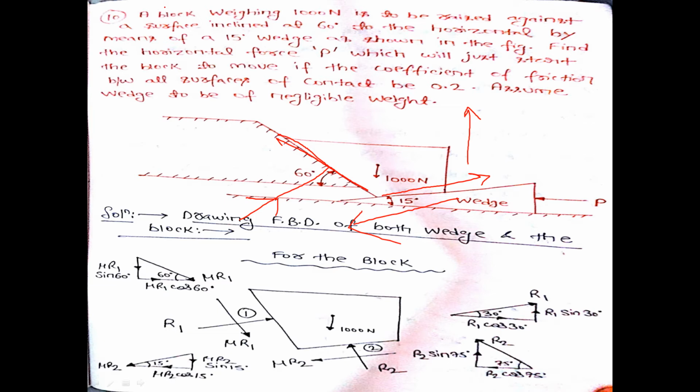And since the block is moving upward, so at the point of contact I will get a frictional force in this direction, which is mu times of R1. So with this we have completed the FBD part of this block portion. Any doubt in this FBD part?